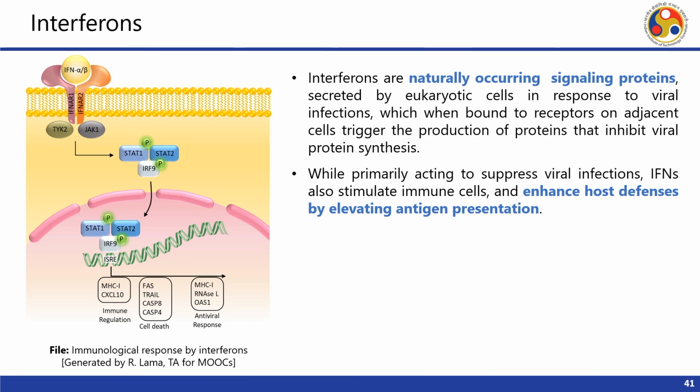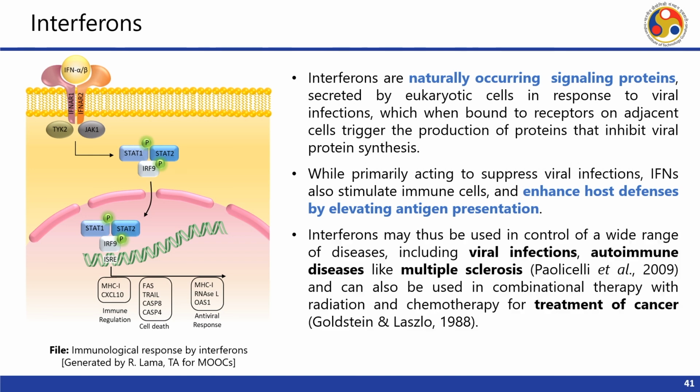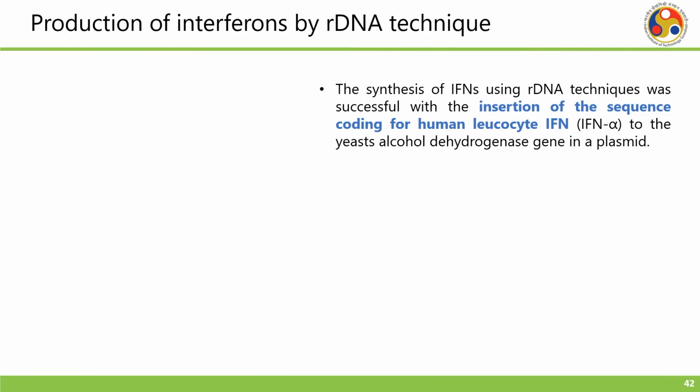While primarily acting to suppress viral infections, IFNs also stimulate immune cells and enhance host defense by elevating antigen presentation. Interferons may thus be used in control of a wide range of diseases, including viral infections, autoimmune diseases like multiple sclerosis, and can also be used in combinatorial therapy with radiation and chemotherapy for treatment of cancer.